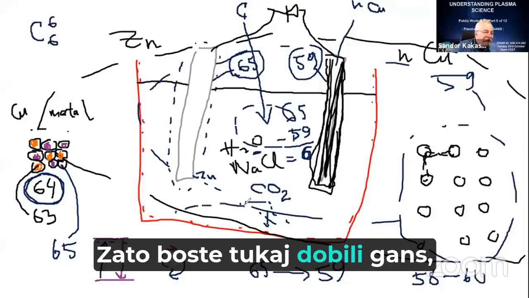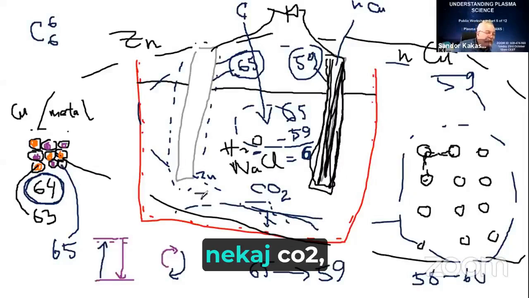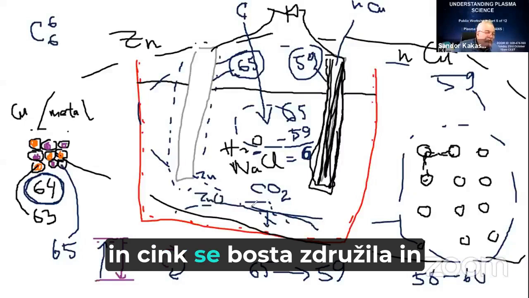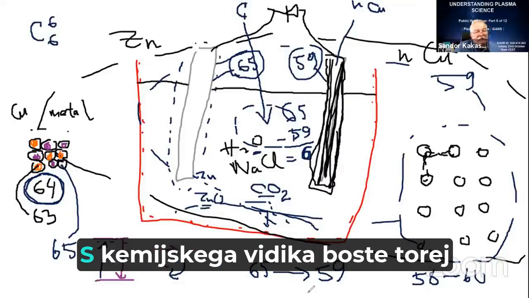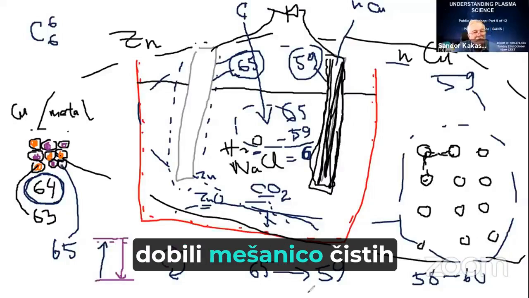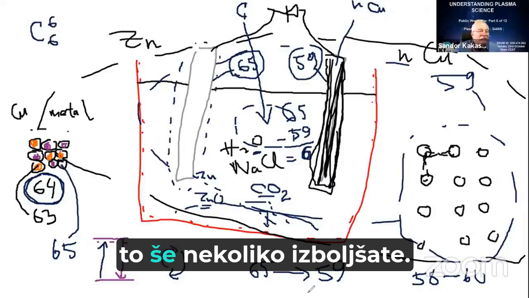So that's why what you will get here in gas form will be a mixture of CO2 gas, zinc oxide gas, and probably some CO2 and zinc will combine, and you will get a zinc carbonate or whatever. So from a chemical viewpoint, you will have a mixture of a pure element.